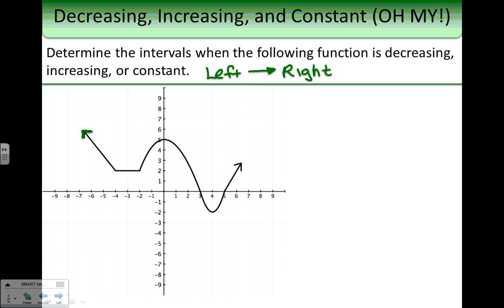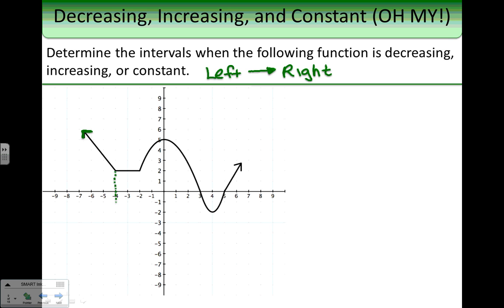So if I start at the very left, it starts higher and goes down as I go left to right. So in this case, up to -4, my graph is going to be decreasing. Since there's that arrow there, that means it can start as far and high as infinity.